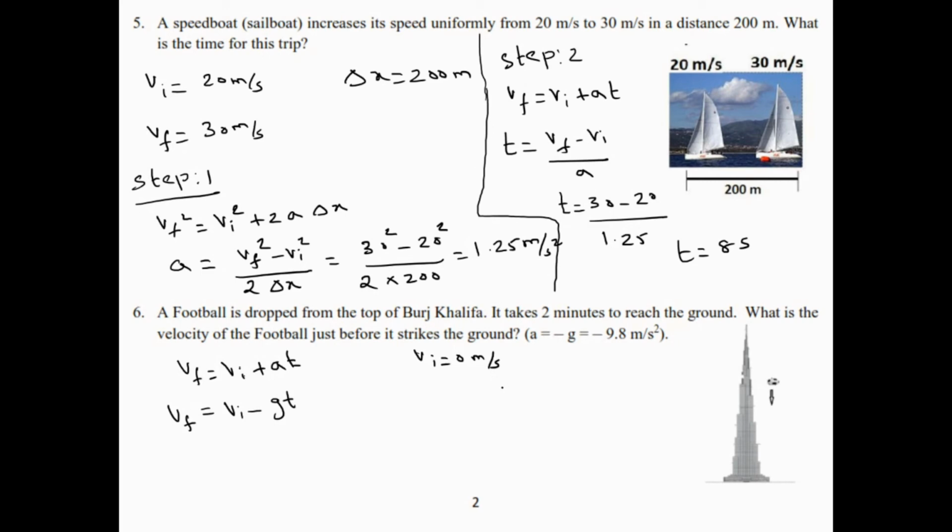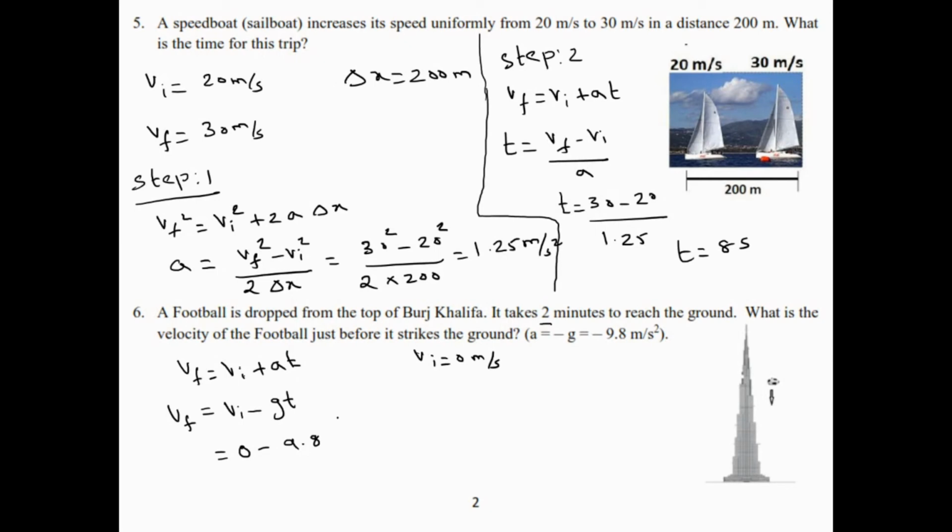And the acceleration is the free fall acceleration, so we are going to substitute the value of g here. V initial is 0, and I already changed the sign in the equation, so I need not put the negative again. So 0 minus 9.8, and how much time? The time is 2 minutes.